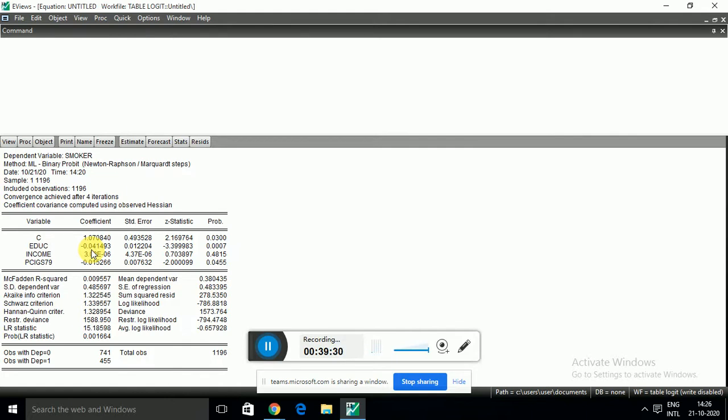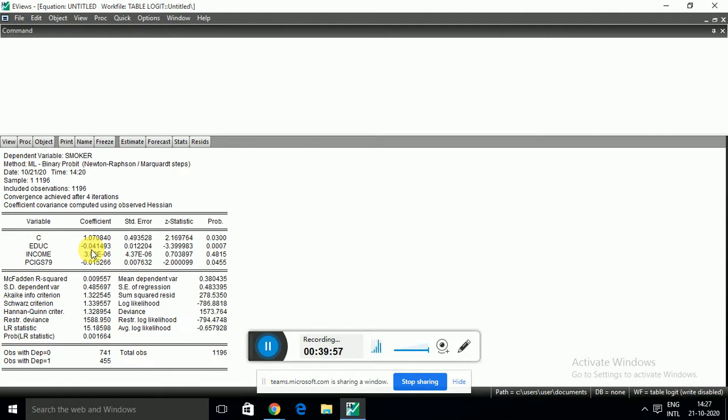For instance, this negative 0.04 is telling you that if I am, let's say, a class 10 pass-out, and I go from class 10 to class 11, what is the odds of my quitting smoking?